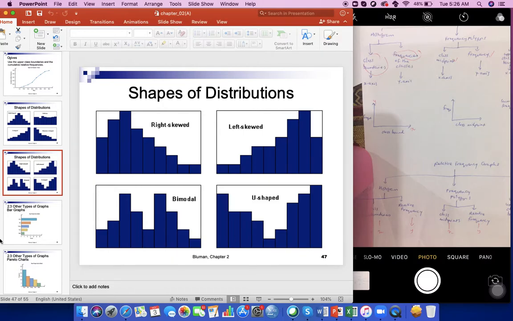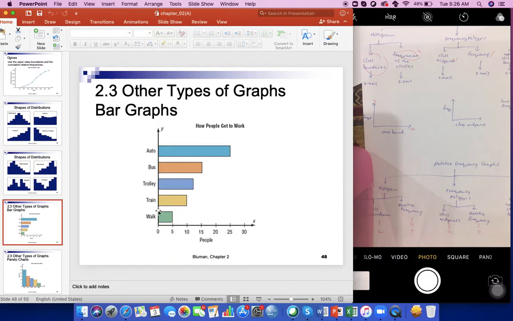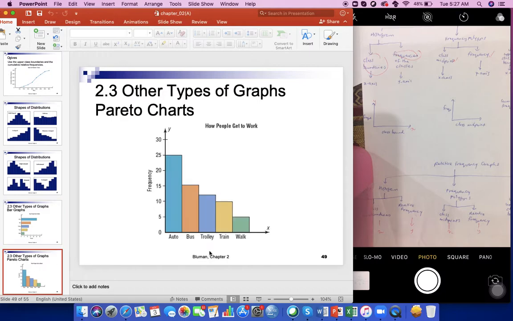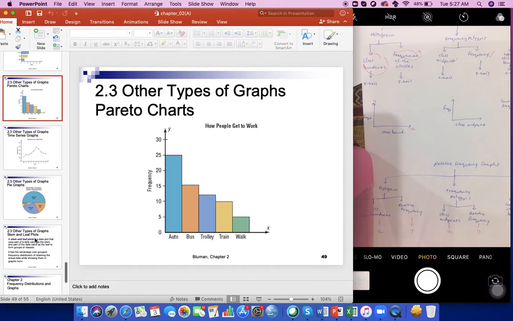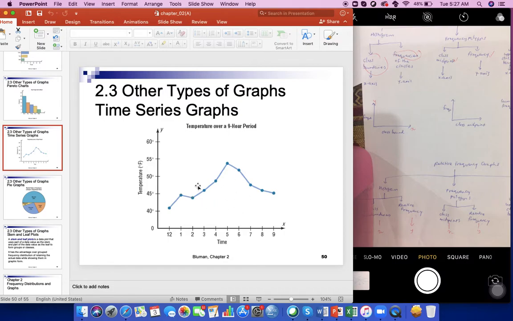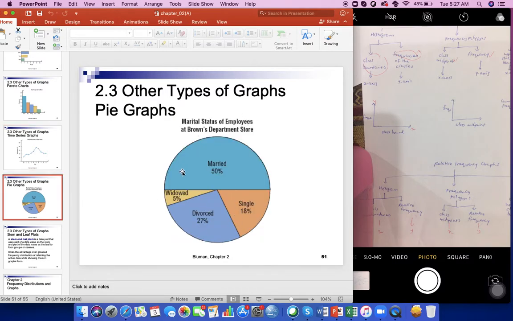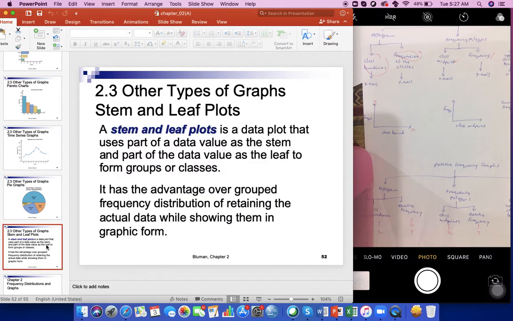For the charts, this one is a bar graph, and then the Pareto chart. The Pareto chart goes from higher until lower. Then we have the time series graph, the pie graph, and the last one is the stem and leaf plot.